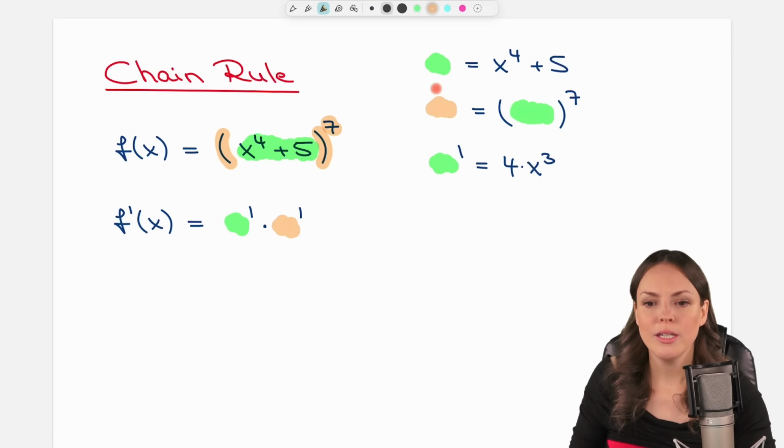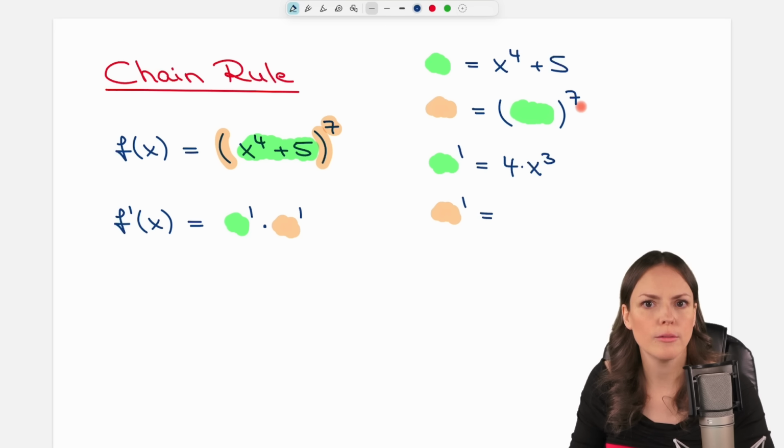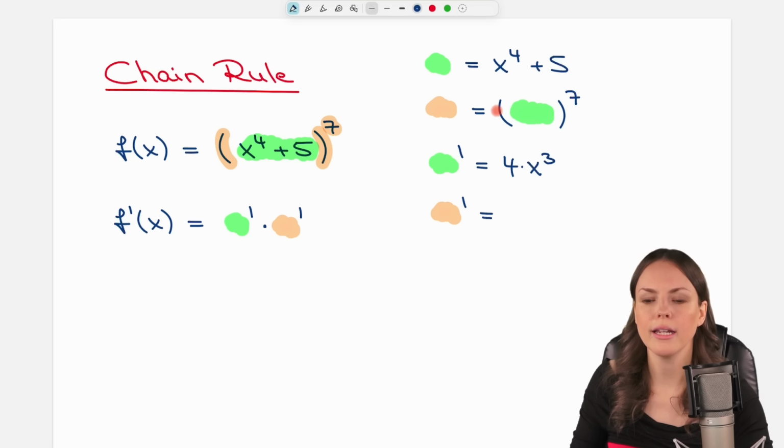And now we also have to find the derivative of the orange function, so of the outer function. Here we have something to the power of 7. So something to the power of 7, this is a power. So we use the power rule. We take the 7 and write it in front of our thing.